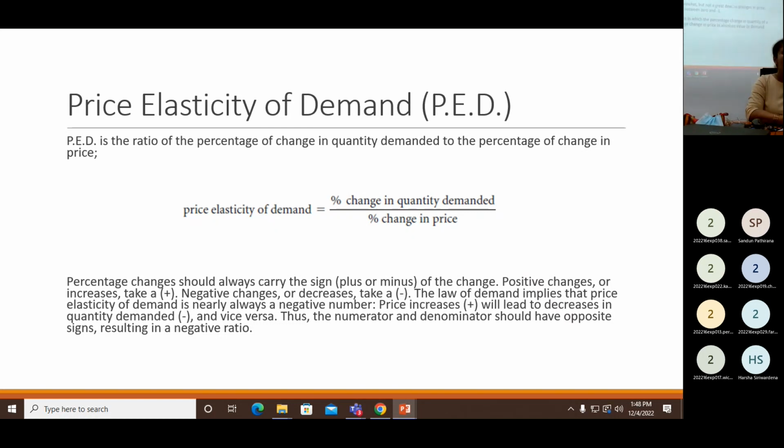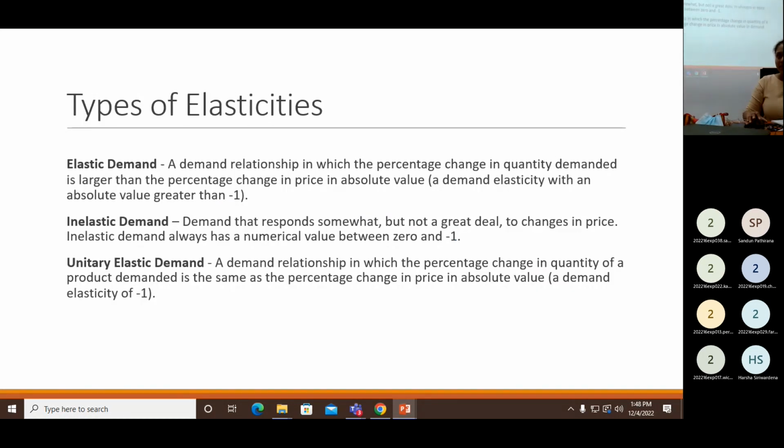That is called elastic demand. Is that clear? So when you calculate PED for an elastic demand curve, the PED value will be higher than 1, more than 1. So it will be greater than -1.